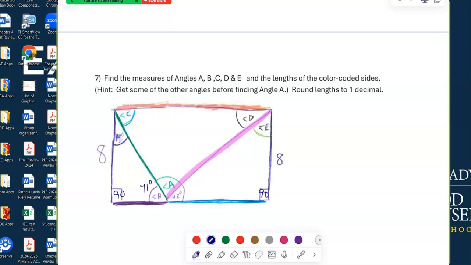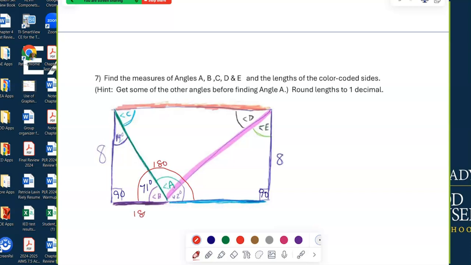It looks like I have 42 degrees down here to the other side of the 71. So what about that? Well, guess what? These three angles right here are on a straight line, which means they sum to 180.